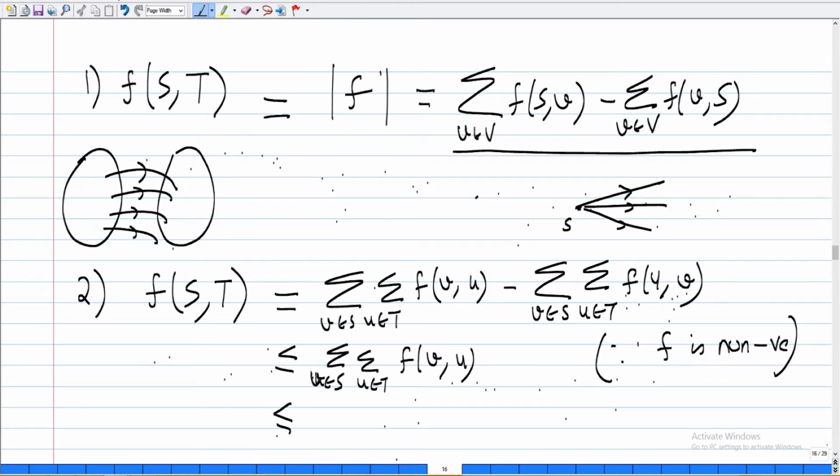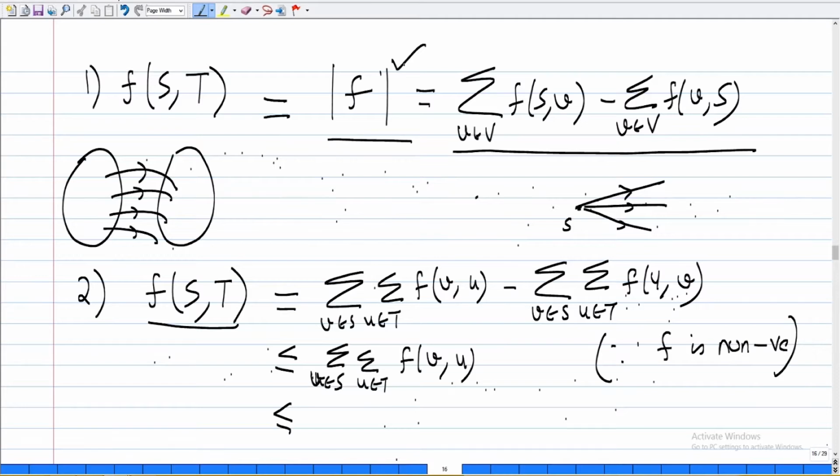Actually, this is also lesser than or equal to, can you guess what would be the natural next step? Recall, we want to place an upper bound on this, and I have convinced you that I am going to prove that these two are equal, and I am interested in an upper bound on this guy, because I do not know if the Ford Fulkerson algorithm will keep growing up to infinity. So I want to prove an upper bound.